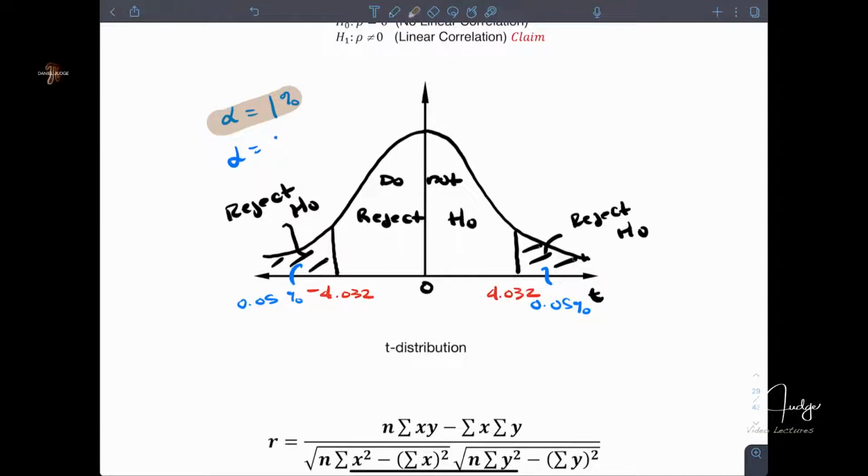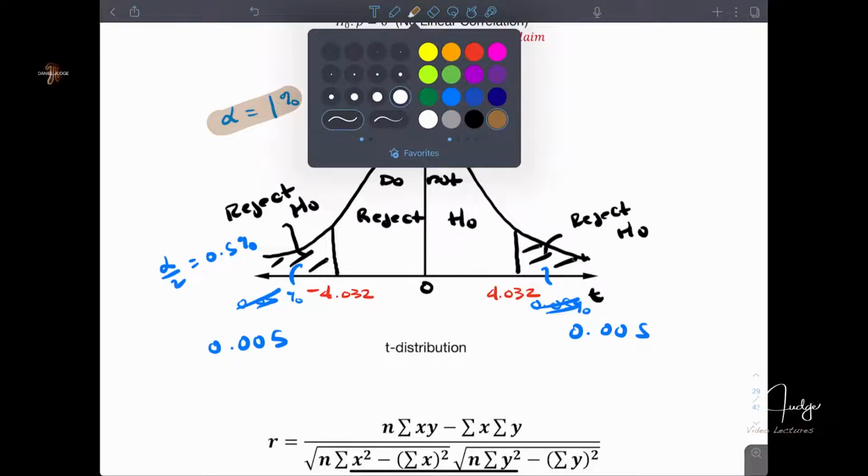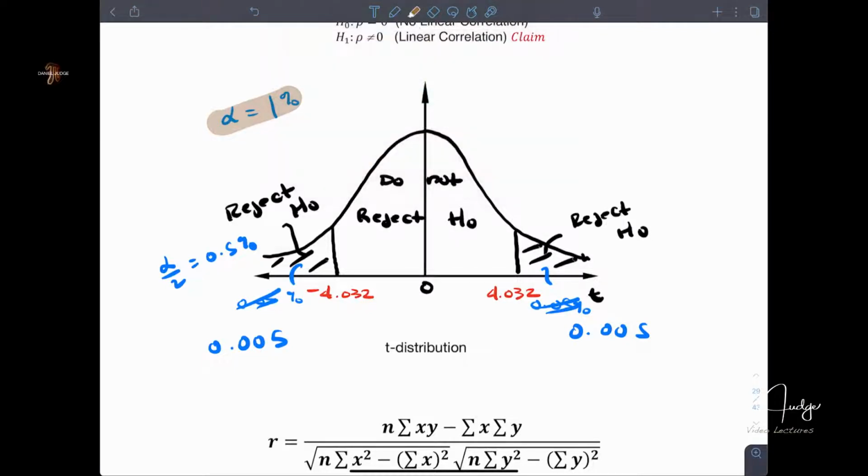Half of alpha now. This half is going to be 0.5%. So I'm going to move my decimal place 2 spaces. Half of alpha is 0.5%, and this is what half of alpha looks like numerically.